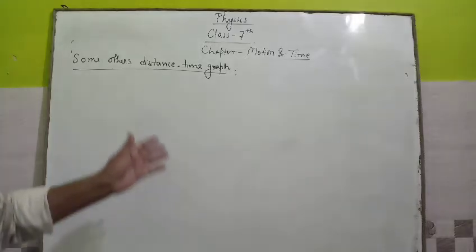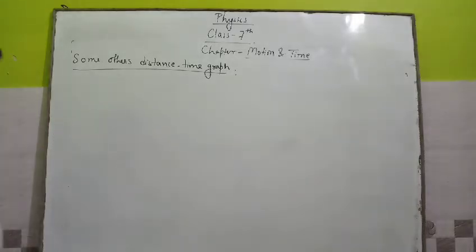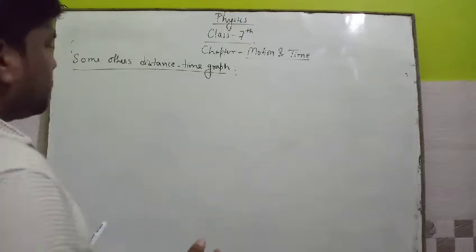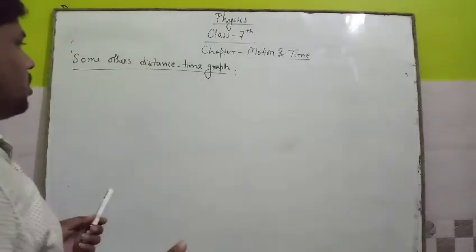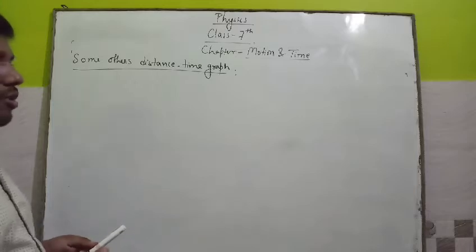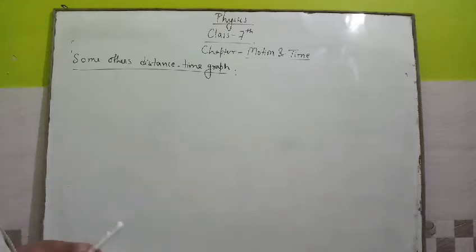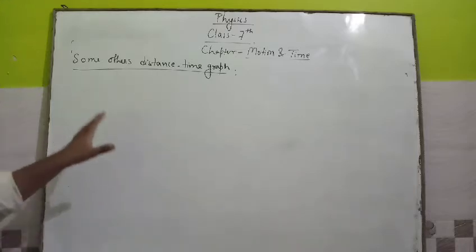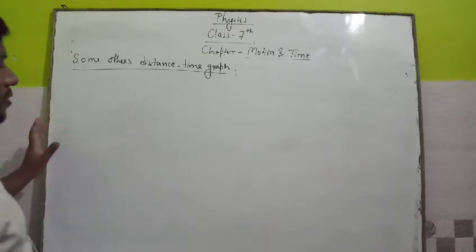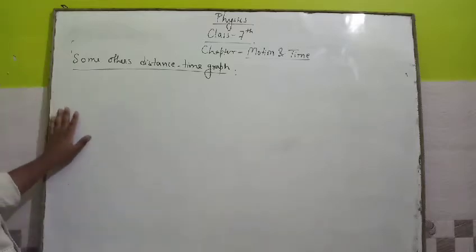With the help of the line graph we will discuss distance time graphs. In earlier classes we have already discussed uniform motion and non-uniform motion. So we will see the distance time graph for both types of motion, first uniform and then non-uniform.